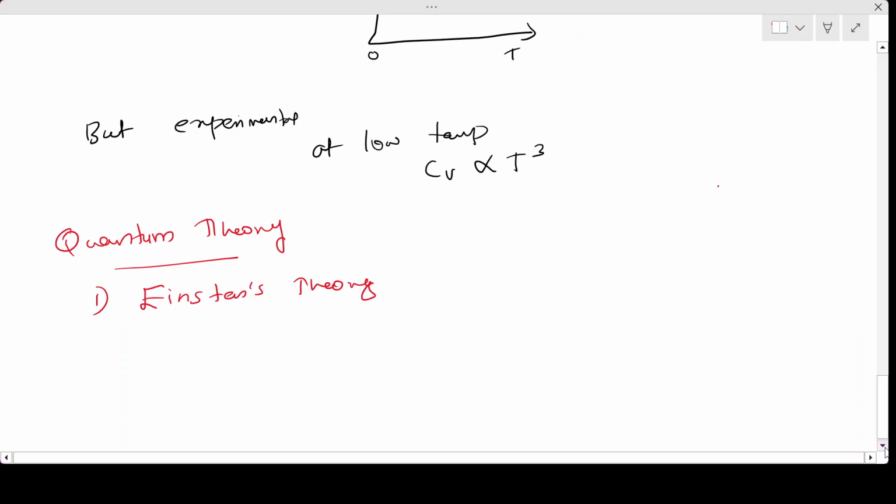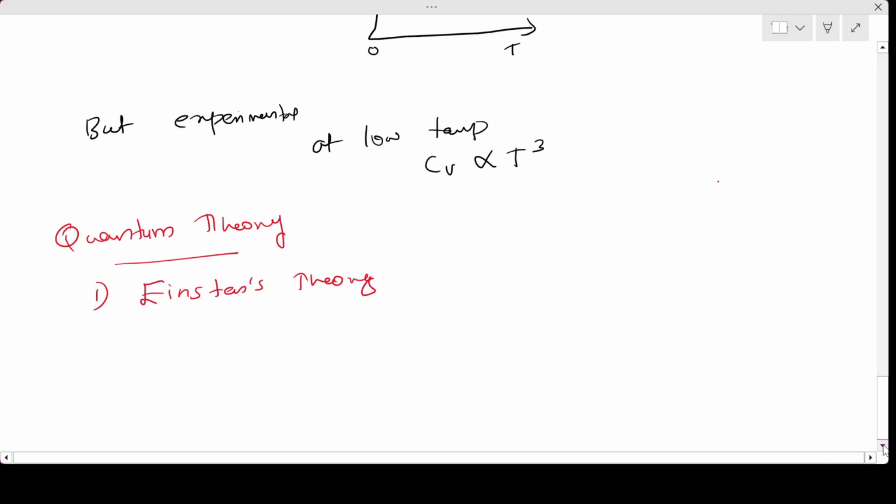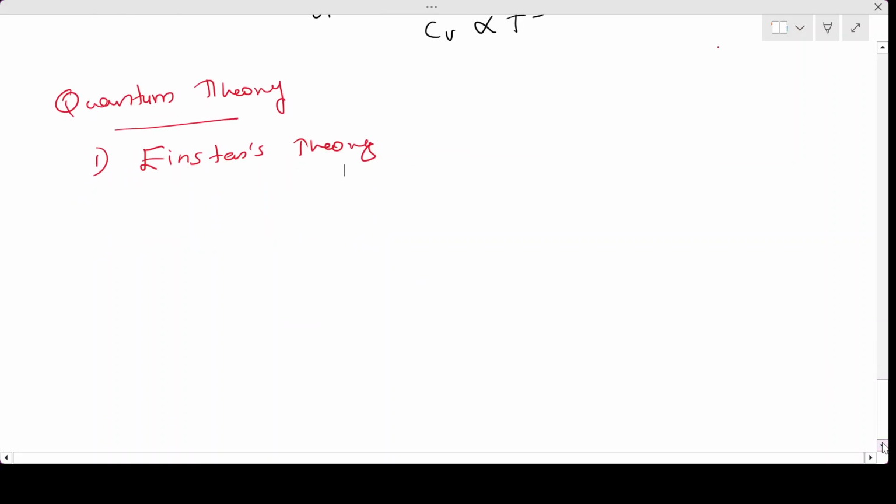In Einstein's theory, what he is assuming is that in classical theory we consider all the atoms vibrating as a simple harmonic oscillator, that too a classical harmonic oscillator.